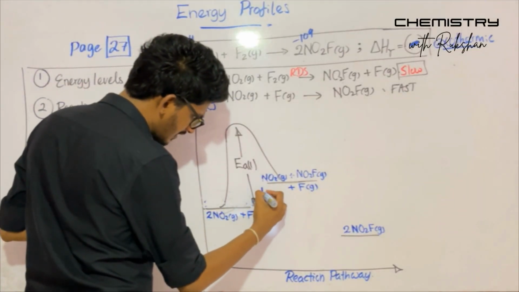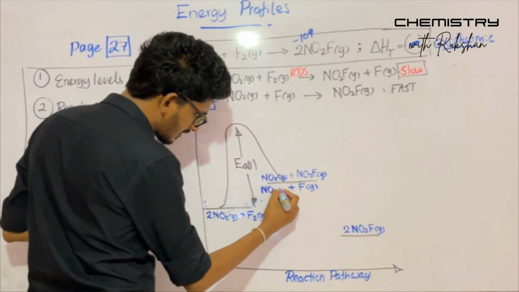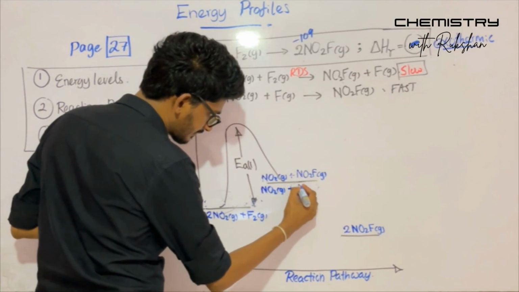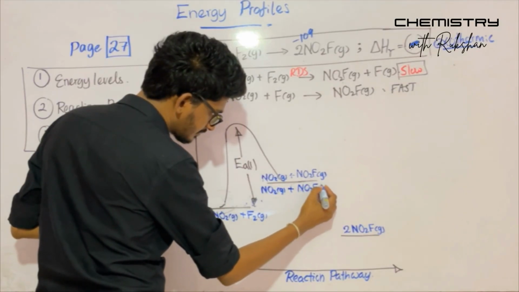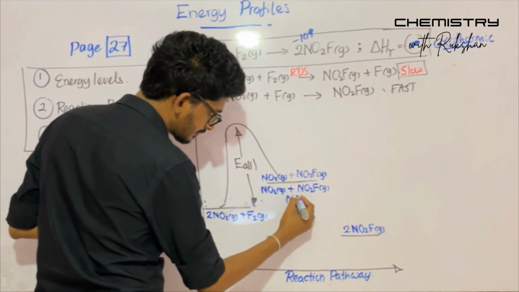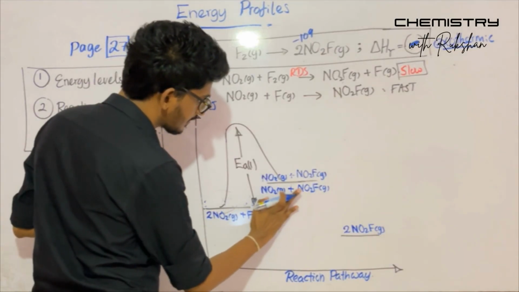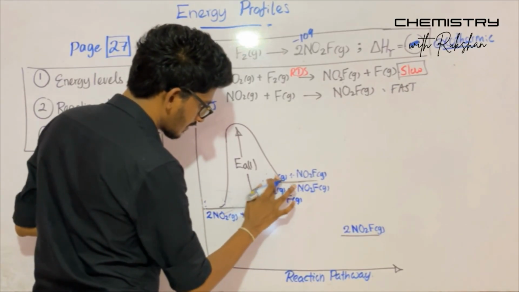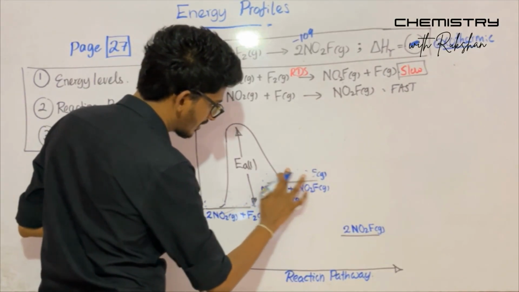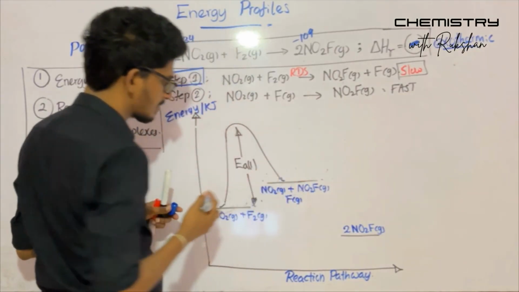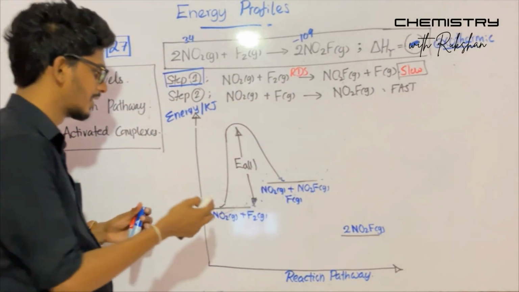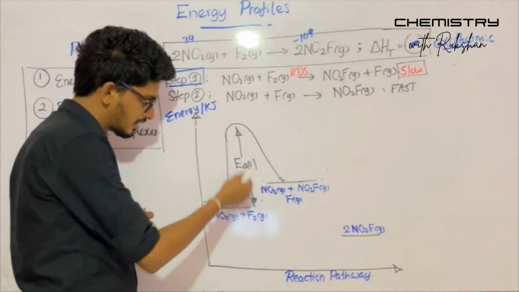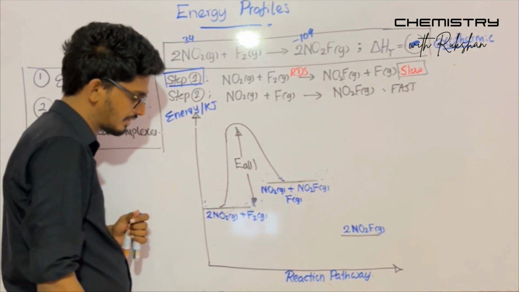Just write the chemical species at the bottom of the line. So this is the activation energy of the first step.